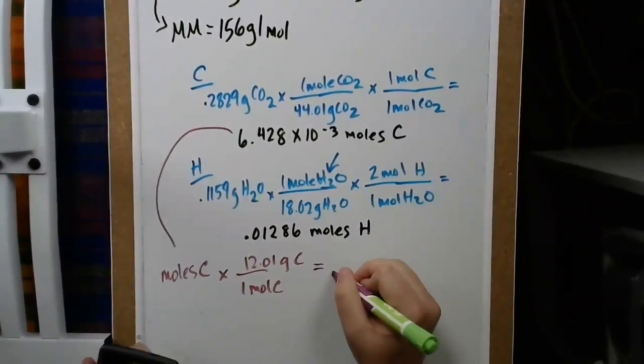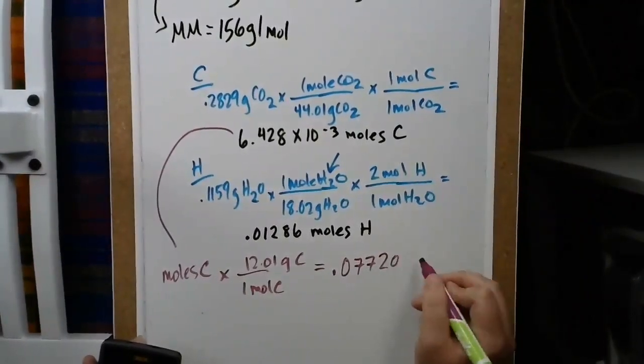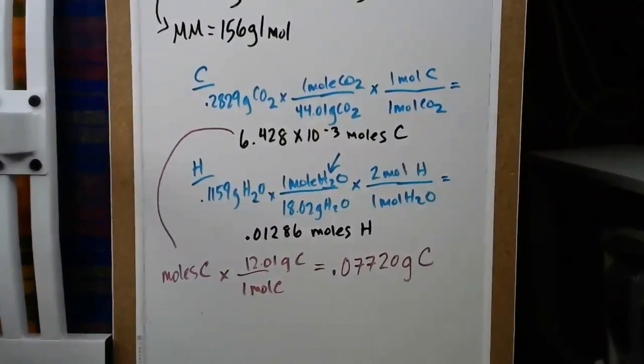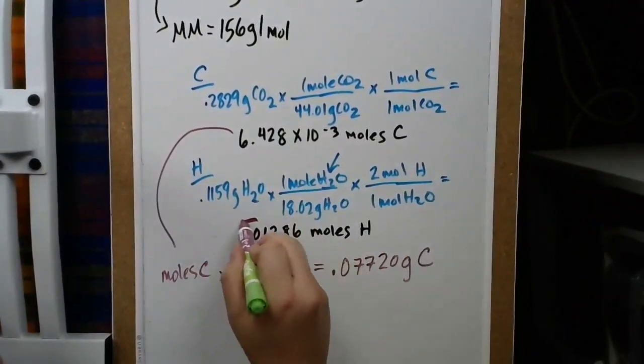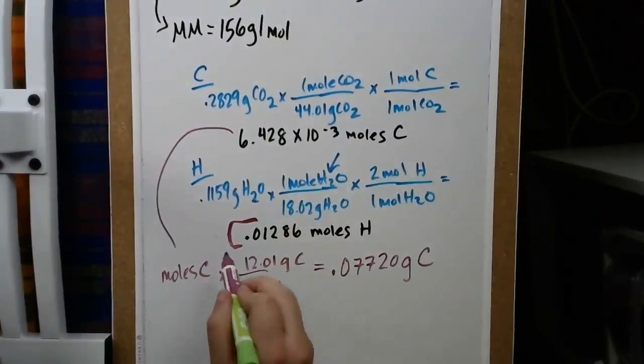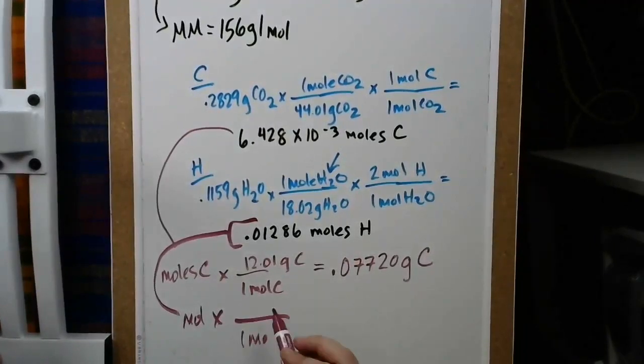So my original sample had 0.07720 grams of carbon. Now I'm going to do the same thing for hydrogen. I'm going to take this mole value for hydrogen. I'm going to multiply it by the molar mass of hydrogen.